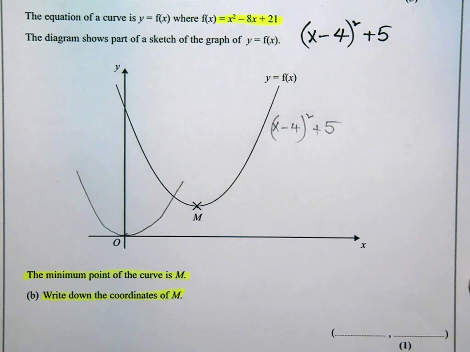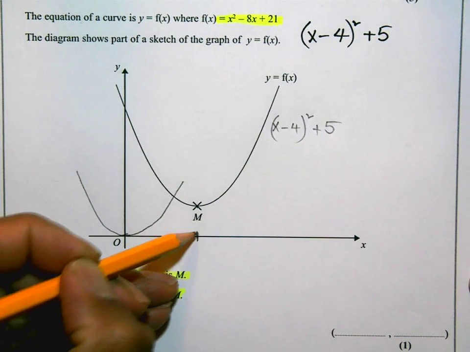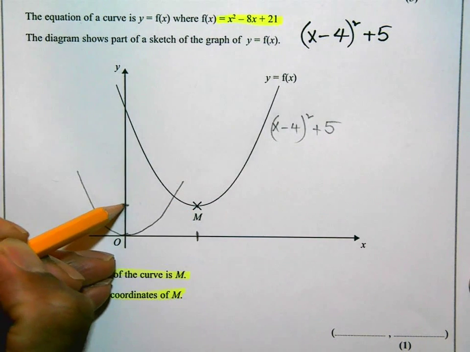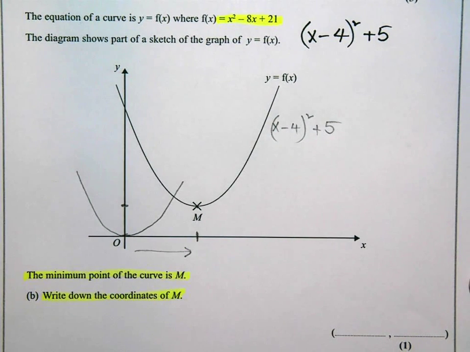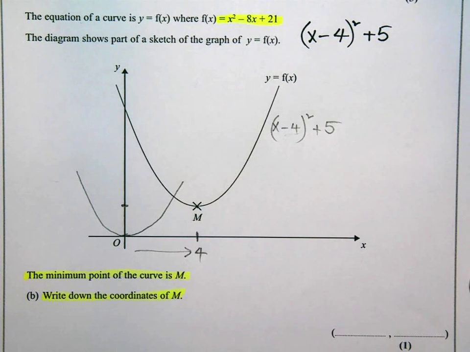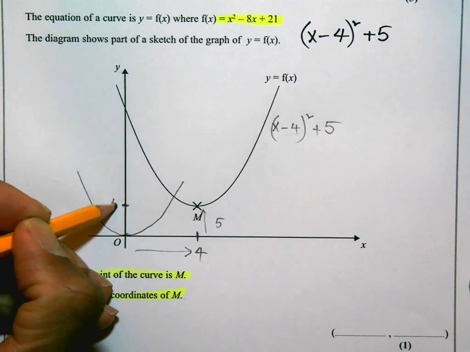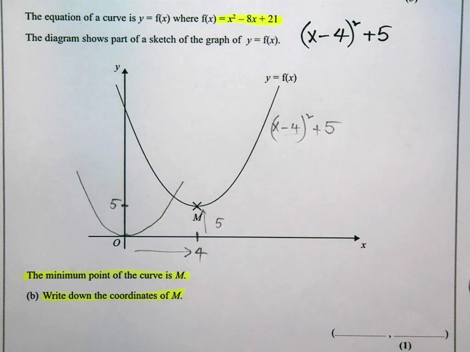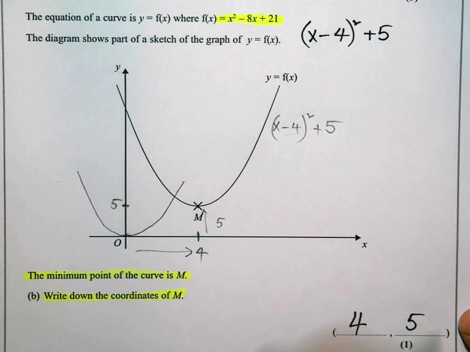So to get to here and then up to here, we needed to move this graph 5 this way, because it's minus 4 inside the brackets. Did I say 5? I think it's 4 this way. And then plus 5 means we're going to move it up 5. So that means that the coordinates of M are (4, 5). The x coordinate is 4, the y coordinate is 5.